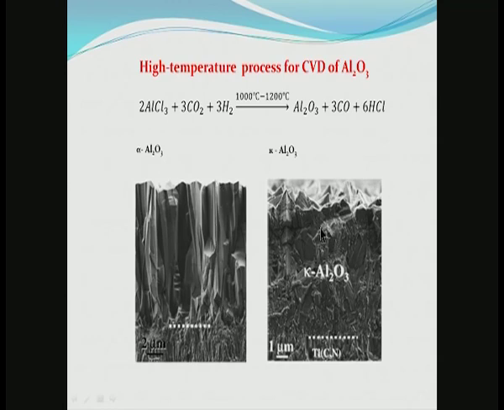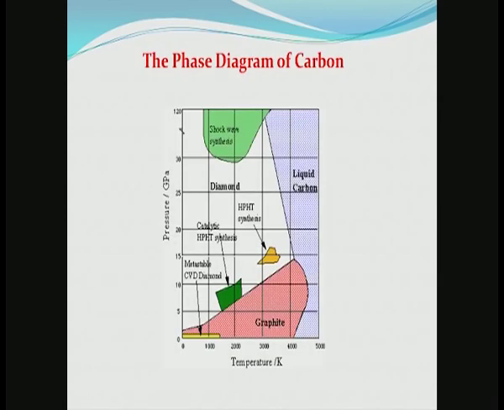On the other hand, the kappa alumina phase, which can also be obtained by the same process under slightly different conditions, is also a hard material for cutting metals, and that consists of essentially nanometric grains of kappa alumina, which is an orthorhombic phase of aluminum oxide. I want to point out that this is a very effective cutting material, kappa alumina, and the nanometric nature of it gives it additional mechanical advantage.